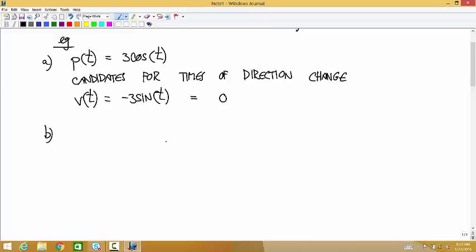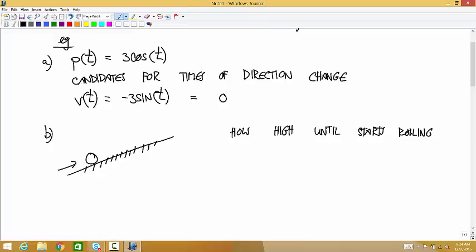Okay, but more often what we're going to do is, if a ball starts rolling up a ramp, how high does it go until it starts rolling back down? If you look for a time when velocity is equal to 0, you're only going to get one time because it's constant acceleration.